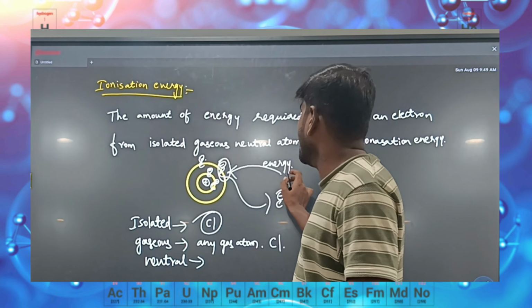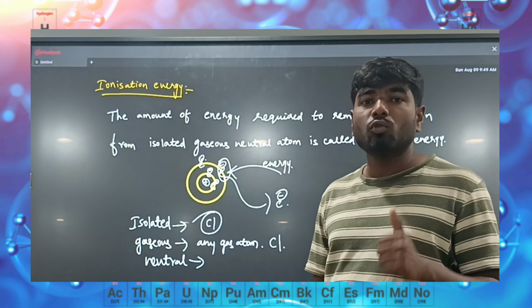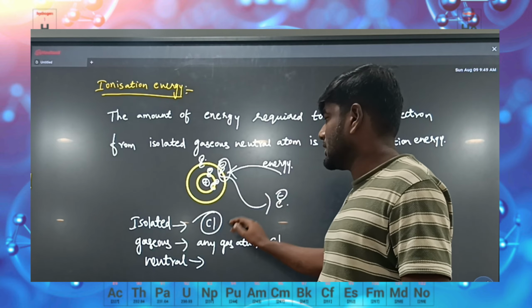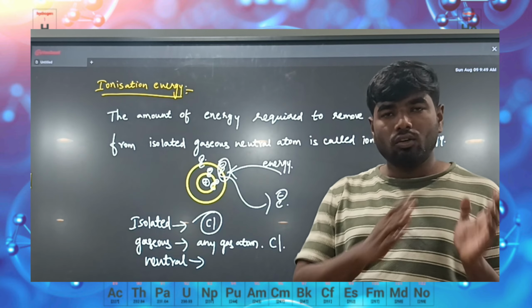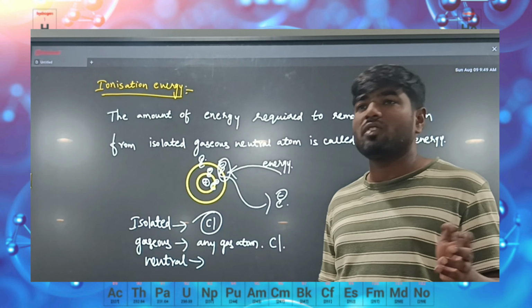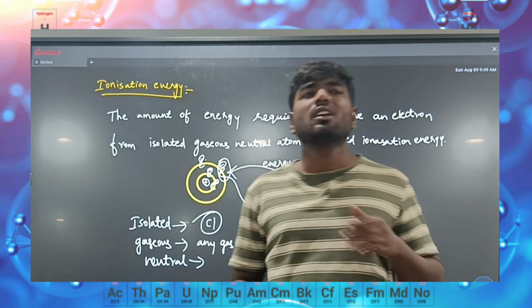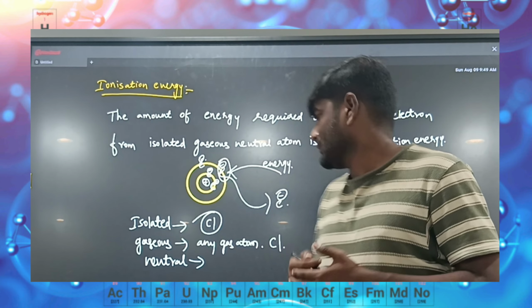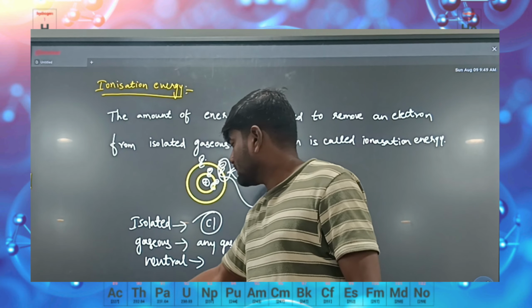So how much energy we need to remove that electron is called the ionization energy. Isolated means one individual atom we have to take, and gaseous atom means any gas like chlorine. Why take gaseous atoms? Because the molecules are loosely packed in the gaseous state. Next, it should be neutral.